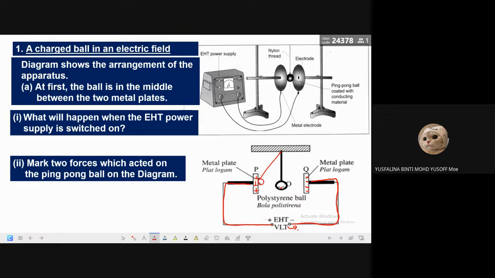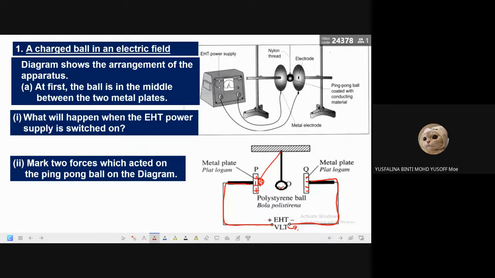All the positive charge will go to the polystyrene ball, so now the polystyrene ball has positive charge.